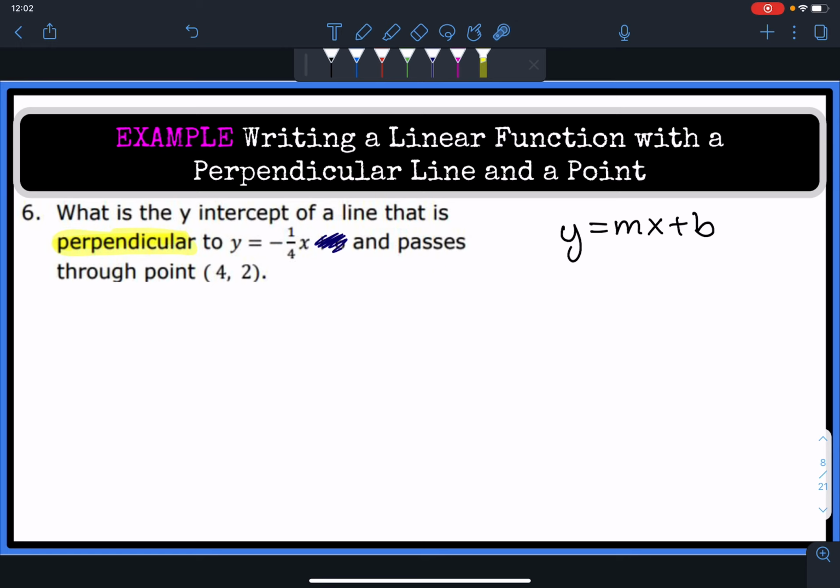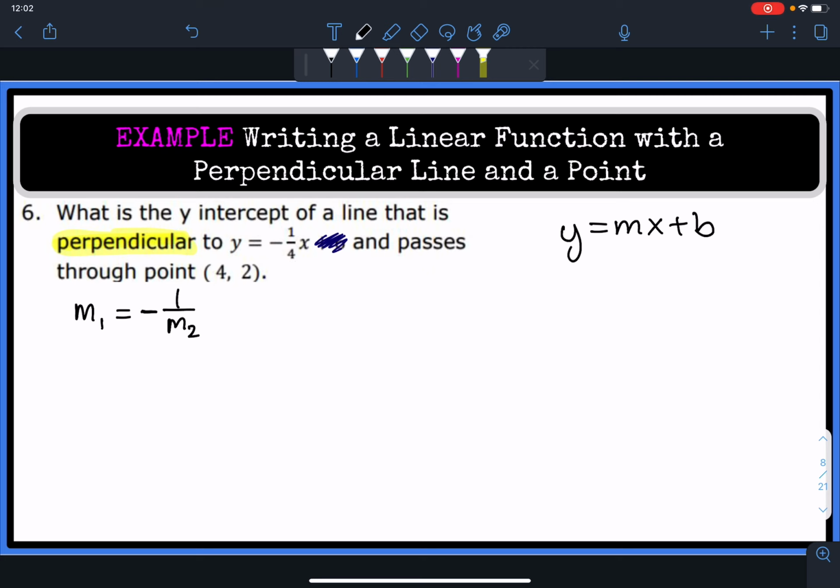But in order for two lines to be perpendicular, the slopes have to be opposite reciprocals. So the slope of one line, I use m1 to represent that, has to be the opposite reciprocal, meaning it has to be flipped, for the second line.